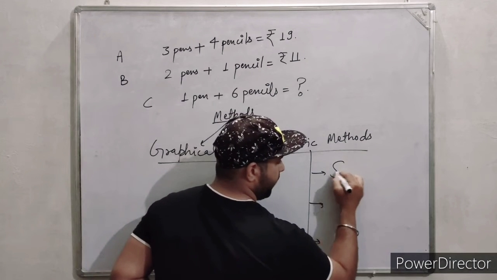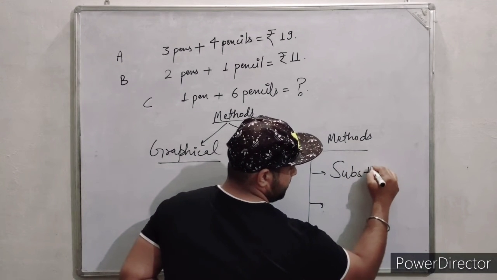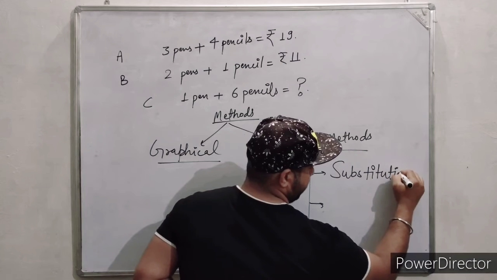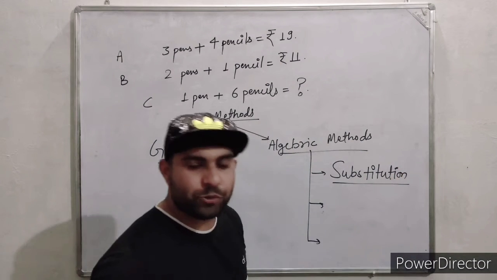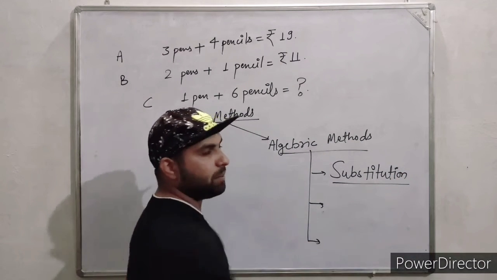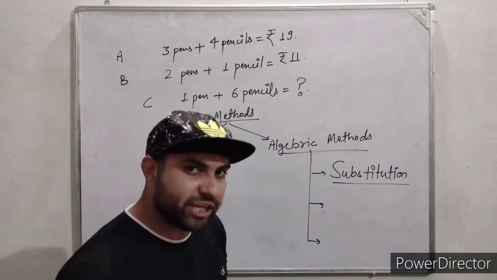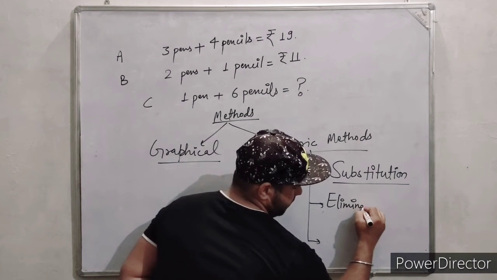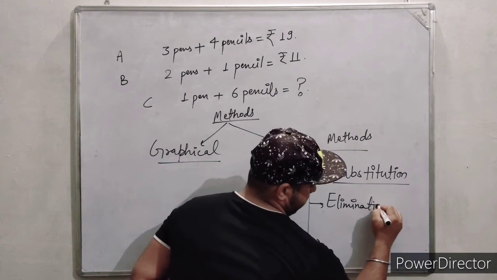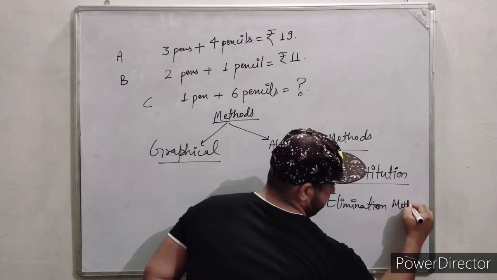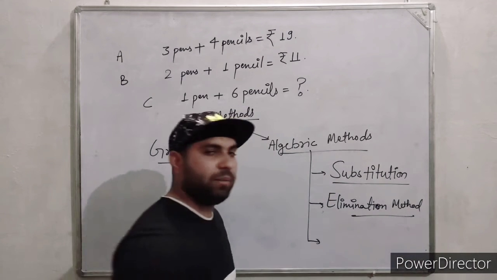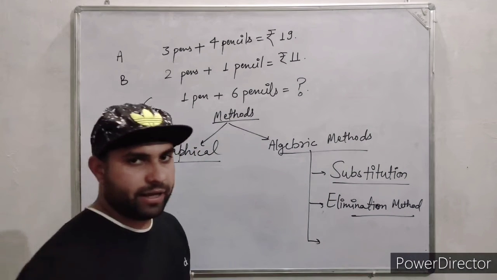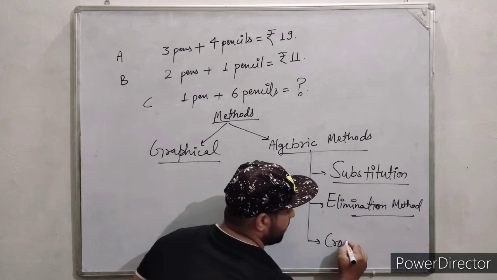First one is substitution method. Second is elimination method. And the third one is cross multiplication method.